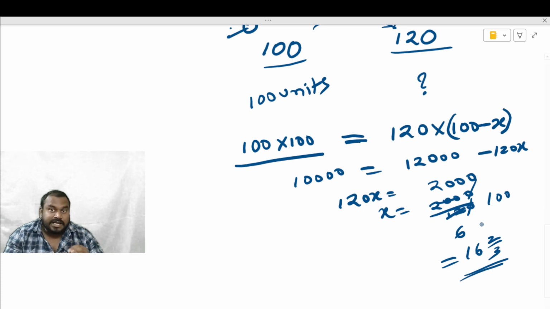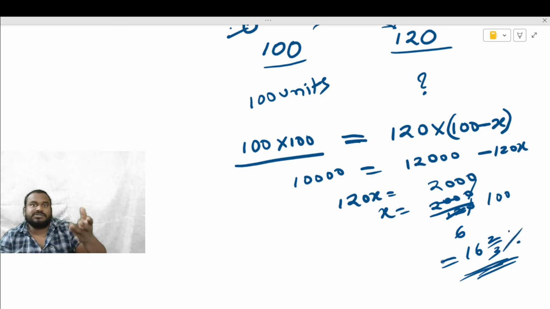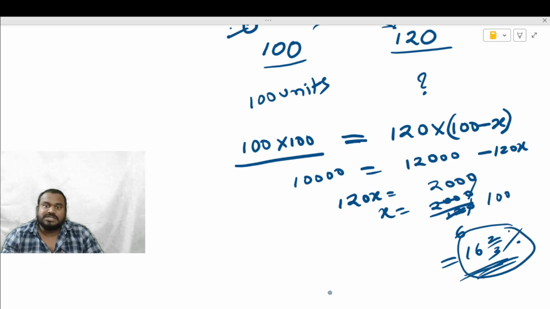Remember, 100 by 3 is 33.33, or 33 1/3. 1 by 8 is 12.5%. 1 by 2 is 50%. 1 by 3 is 33.33. 1 by 4 is 25. 1 by 5 is 20. 1 by 6 is 16.66, or 16 2/3%. So, like that, you have to remember certain things. 1 by 7 is 14.2 or something. So, 16 2/3% is the percentage reduction in the consumption.